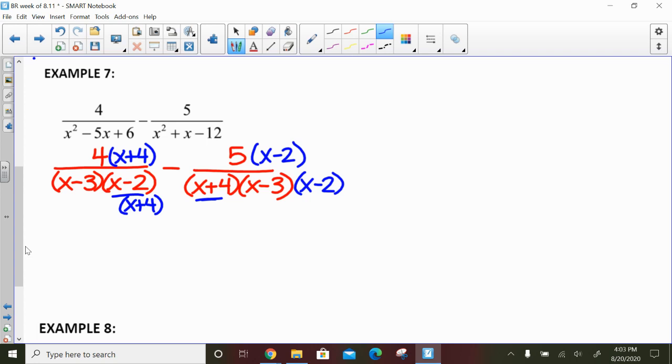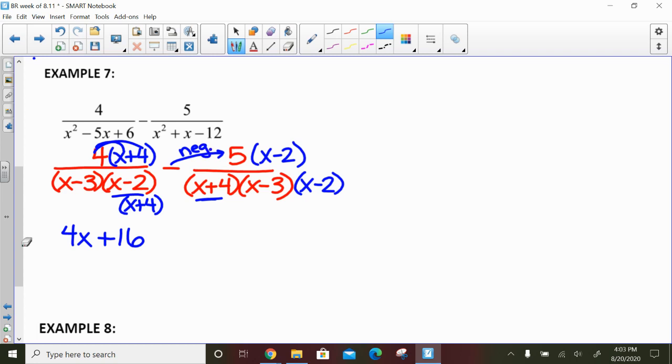Okay, so now I want to distribute and pull all of this together. So I have 4 times x, it's 4x. 4 times 4 is plus 16. Now this minus sign makes this 5 a negative 5.